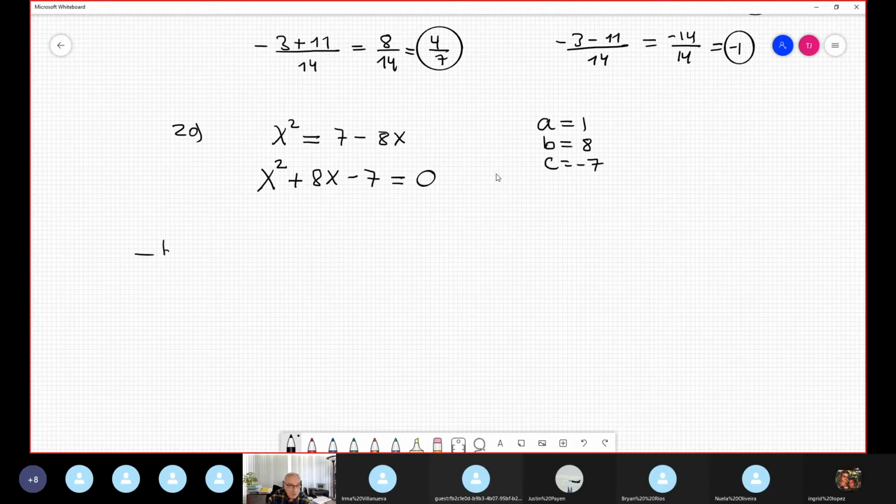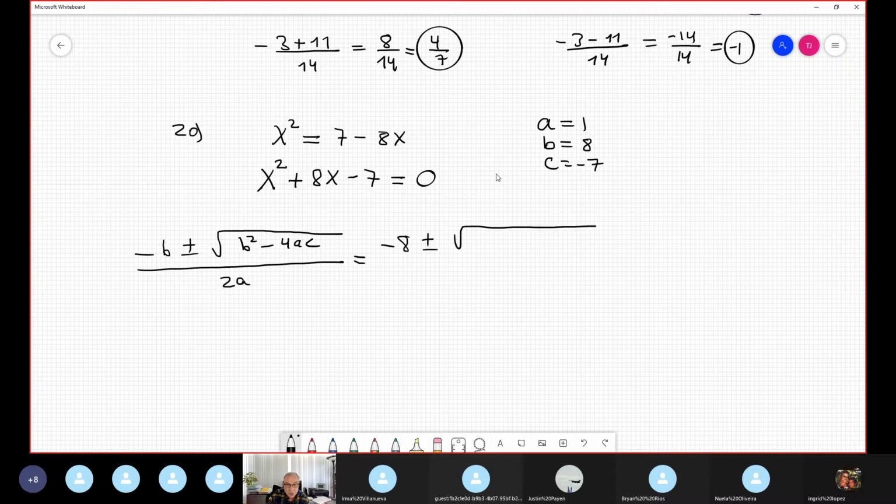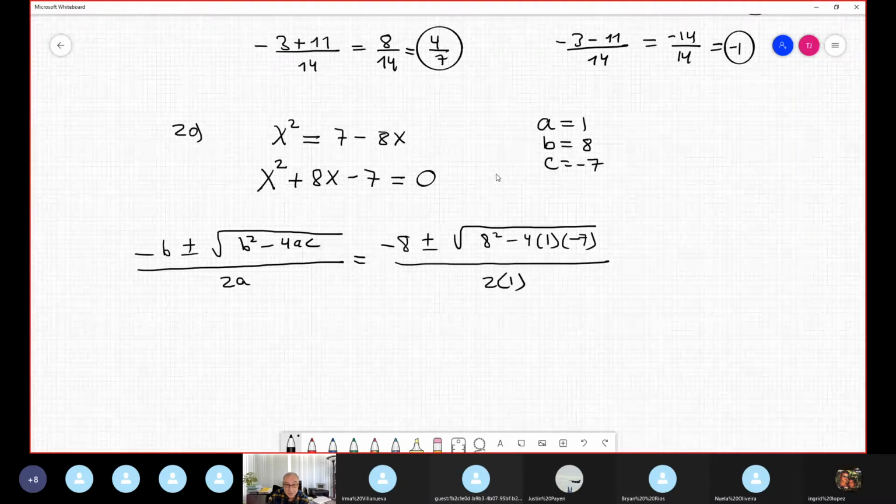I copy my formula. Okay, now it's -8 plus and minus square root 8 squared -4 multiplication by 1 is nothing, multiplication by -7, divided by 2 times 1.